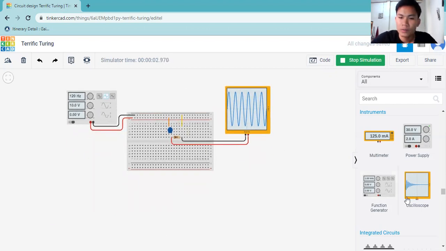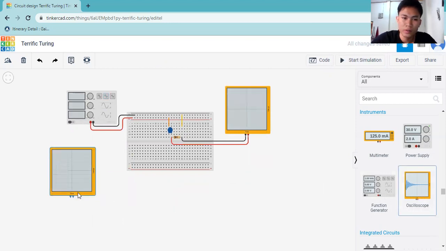And we need to measure the voltage across the capacitor.